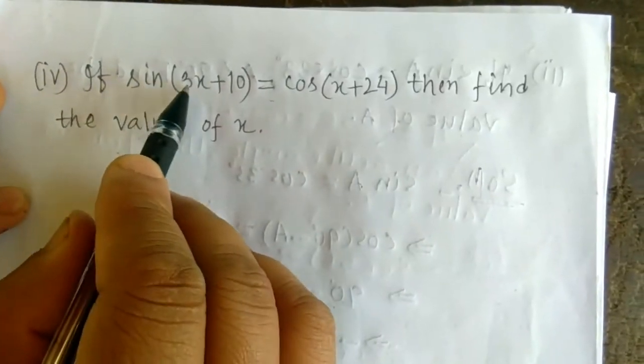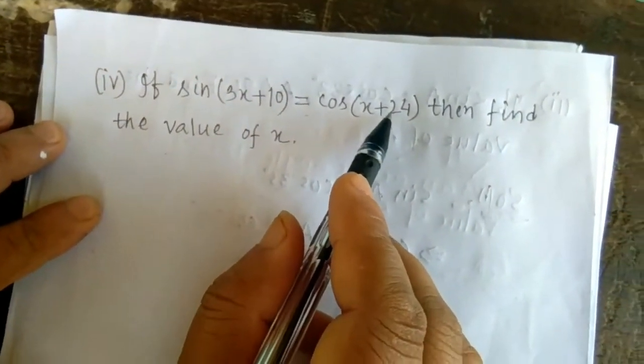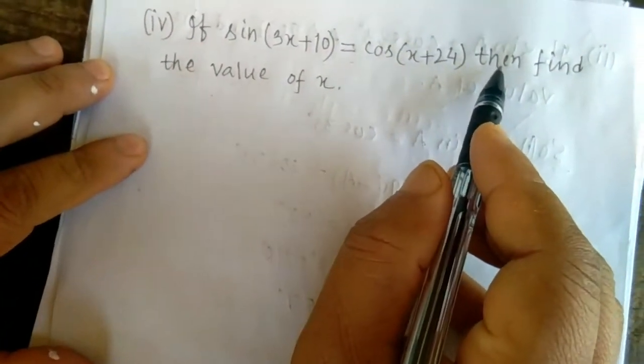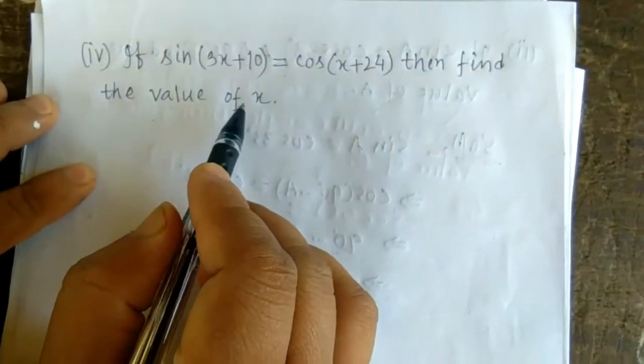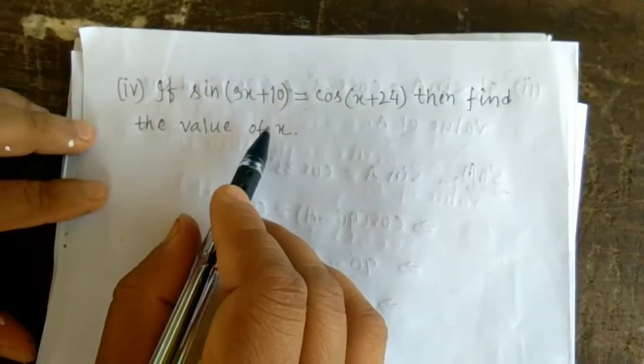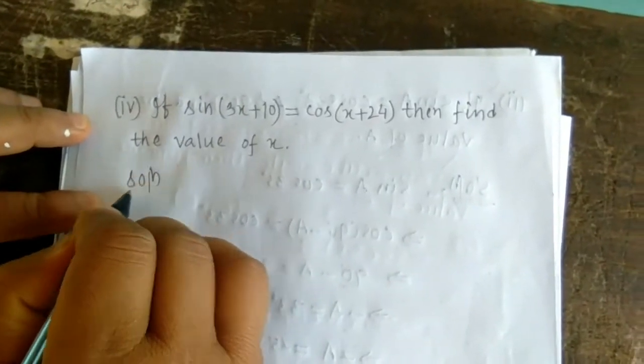If sin(3x + 10) equals cos(x + 24), then find the value of x. Okay, so how to find the value of x? You see, solution. This is the last question.